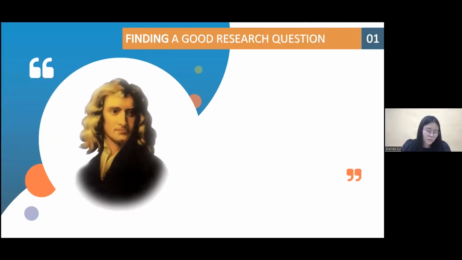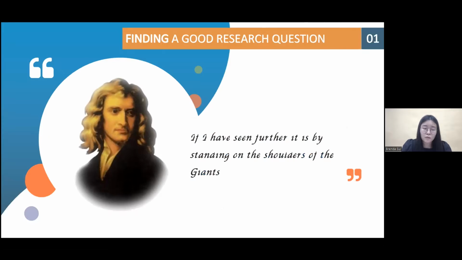Well, Isaac Newton wrote in a 1675 letter to Robert Hooke, "If I have seen further, it is by standing on the shoulders of giants." We can see that Newton was content to build on the ideas of others and owed his own success to what the giants had previously done.